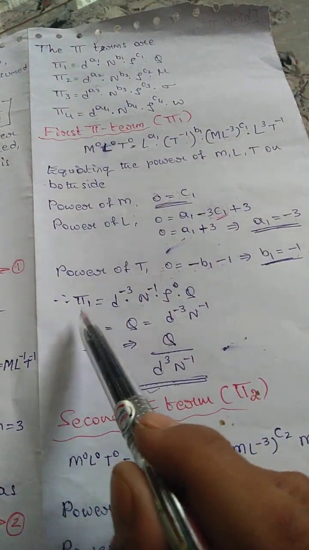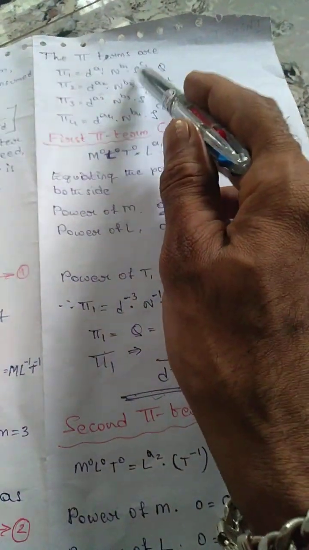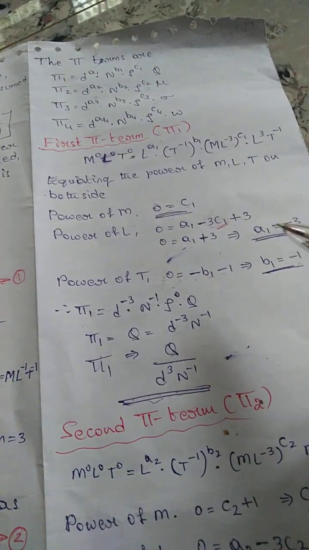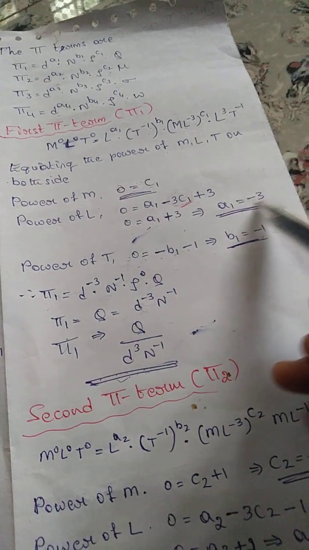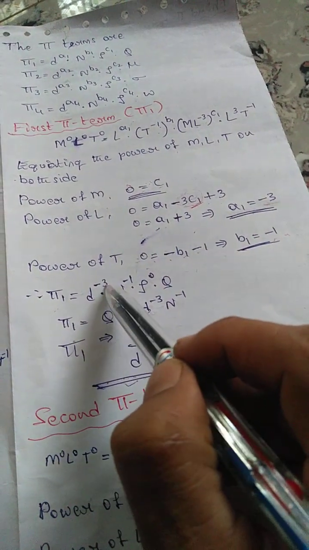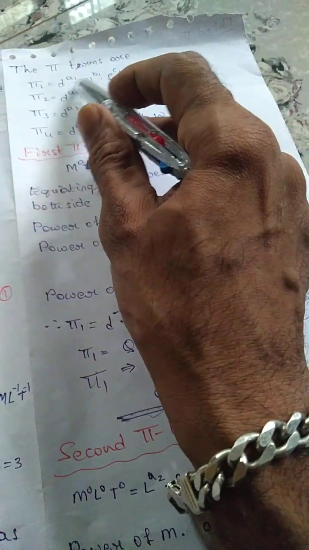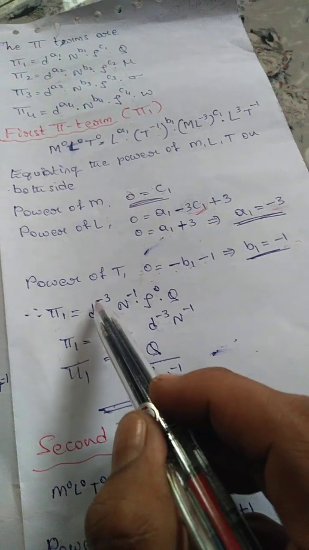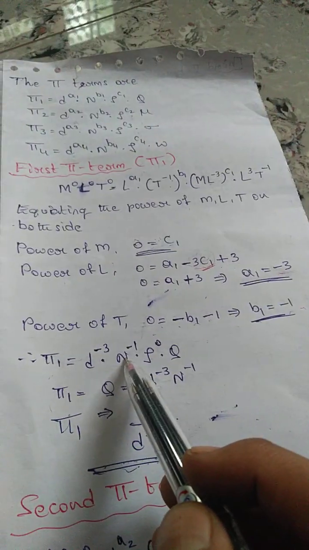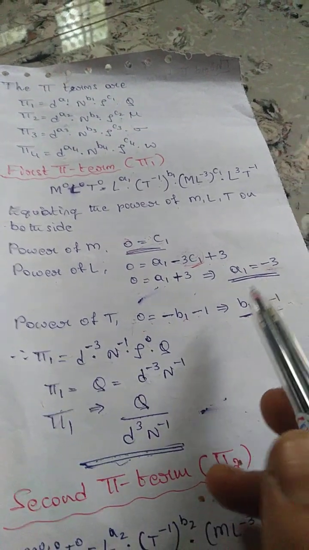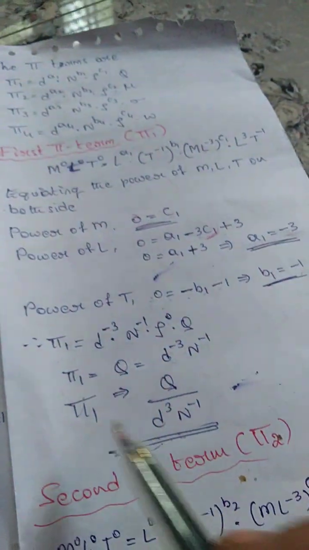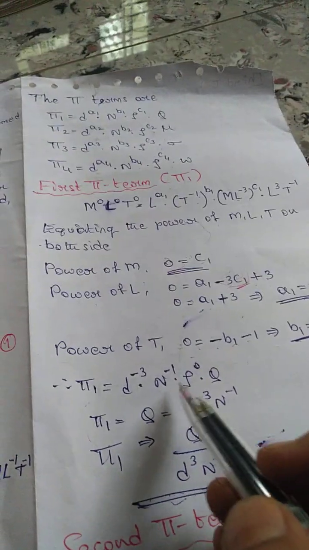Therefore pi 1, this equation, pi 1 is equal to d to the power minus 3, that is a1. What is a1? a1 is minus 3, so d to the power minus 3, because here a1 we have to substitute, here b1, here c1. Next n to the power b1, and b1 is minus 1, so n to the power minus 1.